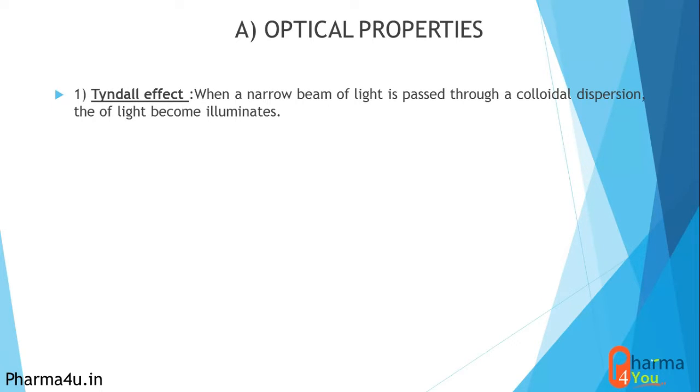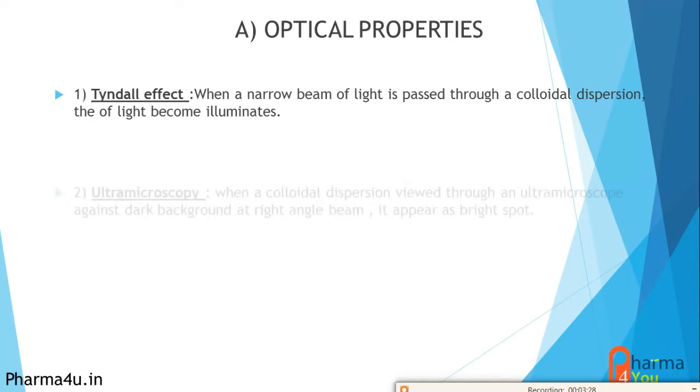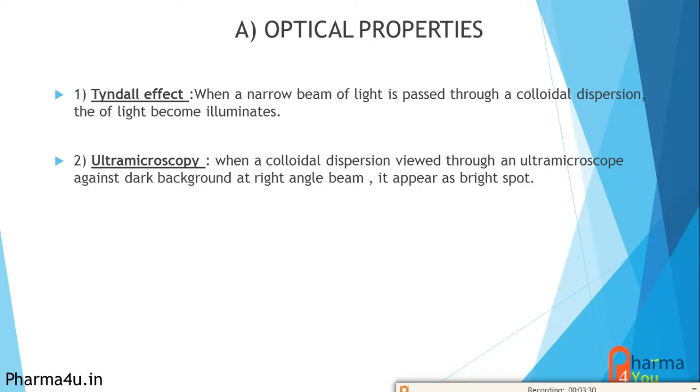As they are in the colloidal range, they show some special properties. Tyndall effect: when a narrow beam of light is passed through a colloidal dispersion, the light illuminates and becomes scattered. The scattered light, which is due to the Tyndall effect, can be seen with the help of microscopy.